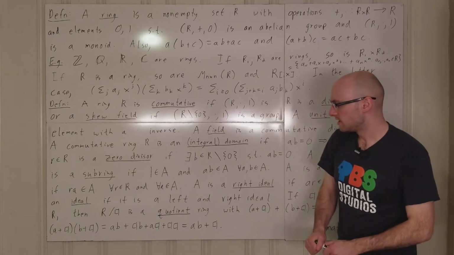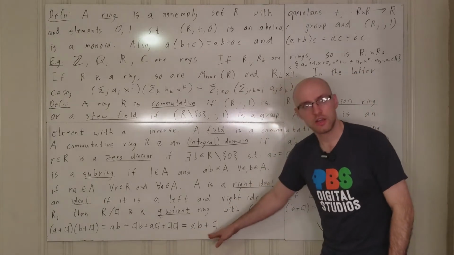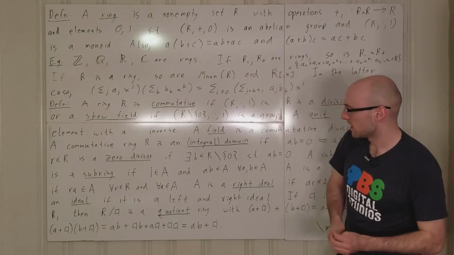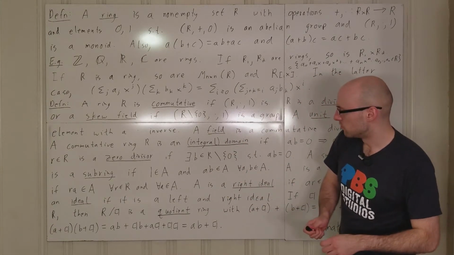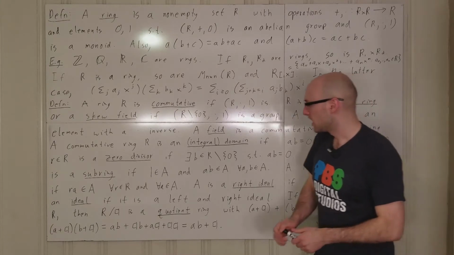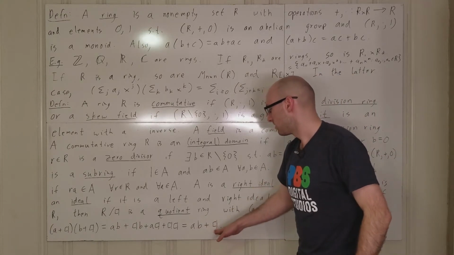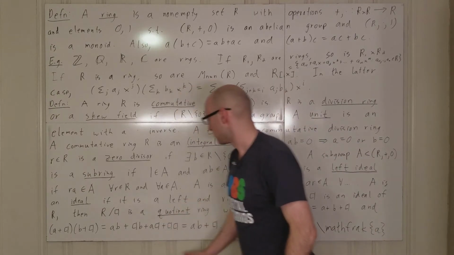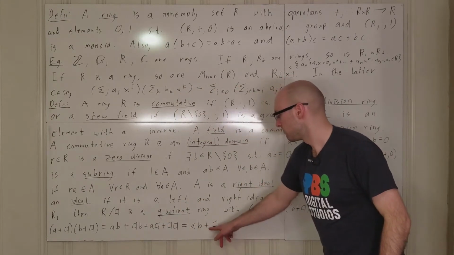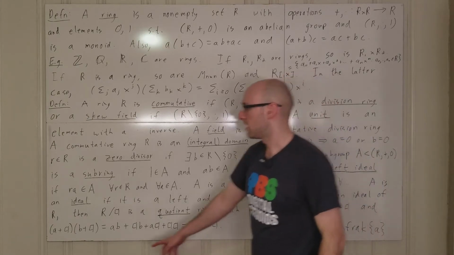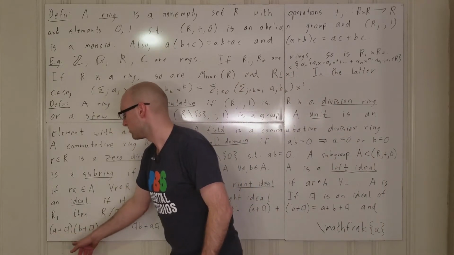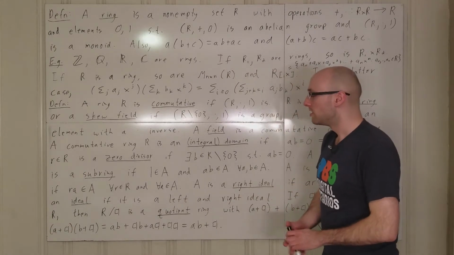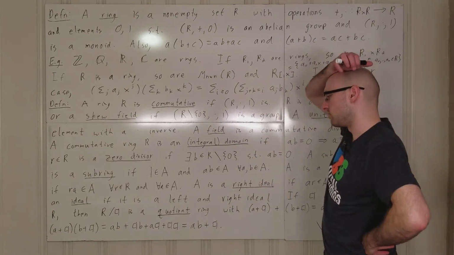And similarly, if you have anything in here, then you just let b equal 1, and it should work out. Or, if you have a plus the ideal times 1 plus the ideal, it should give you the ideal. No, that'd be 0.